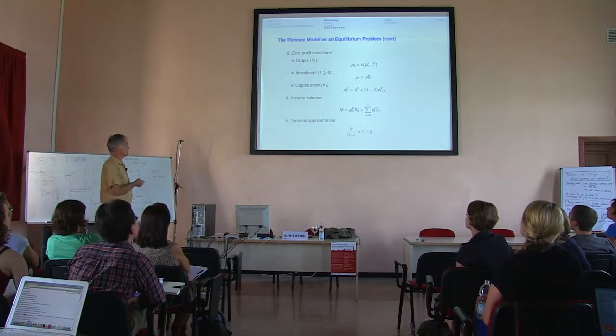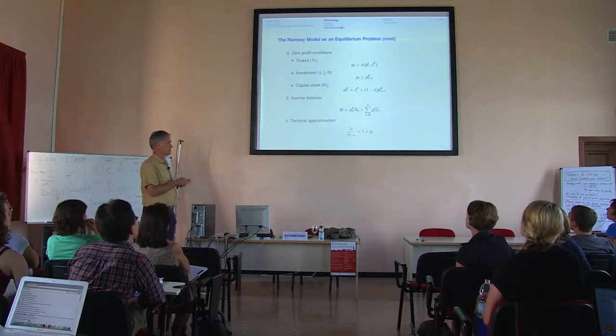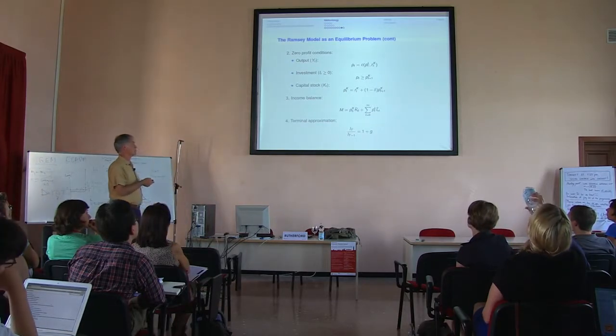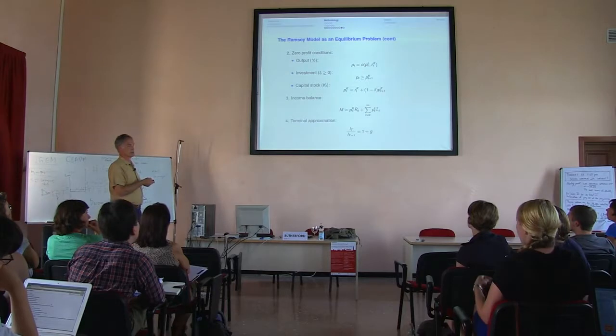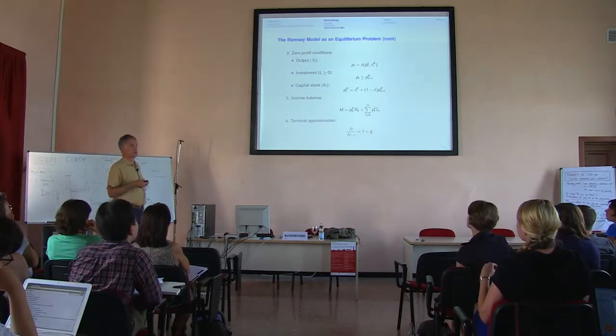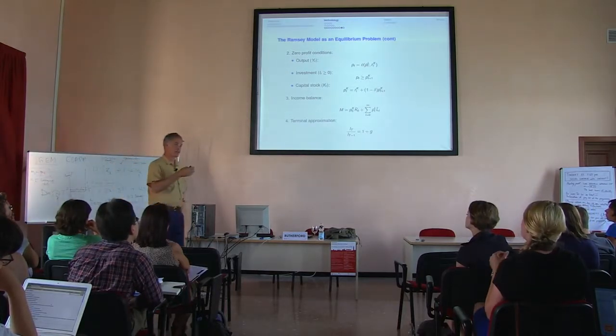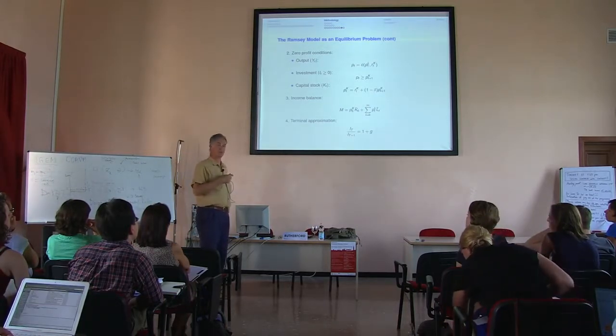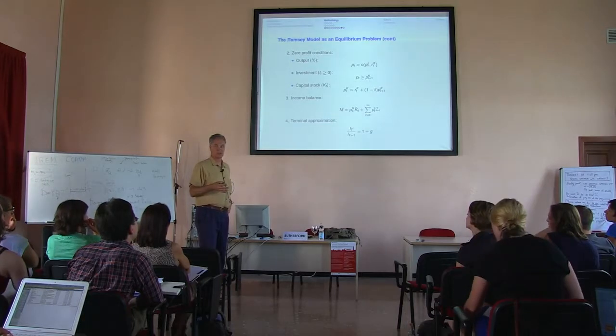When you write down the problem as an equilibrium problem, you pick up a set of additional constraints, which are in fact the dual constraints. These would show up in the optimization problem too, if you solve it as a Negishi approach or as an optimization problem, but they're the first order optimality conditions for the variables in the model.